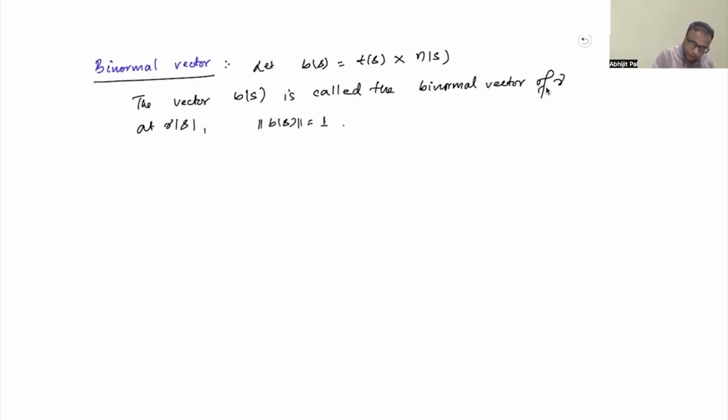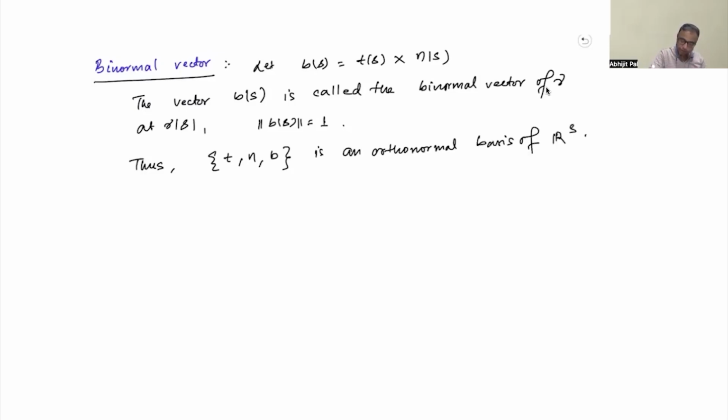Okay. So thus, if I take these vectors, the tangent vector, the normal vector, and this binormal vector, this forms an orthonormal basis of R3.